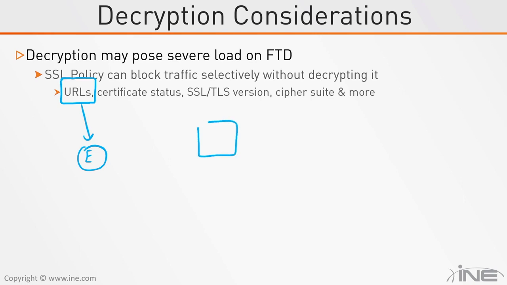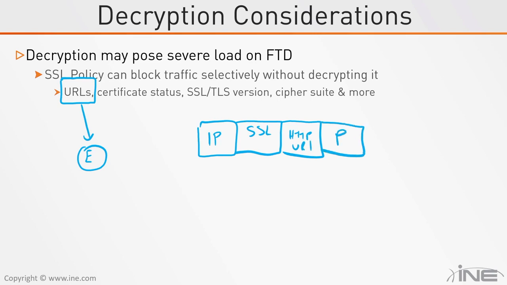If you think about the high-level structure of an SSL TLS protected packet, we're going to have this IP header with a source and destination. We're going to have the SSL header with a set of records. And then we're going to see this HTTP header, which contains the URI, which is going to be followed by the payload. So this stuff is encrypted.